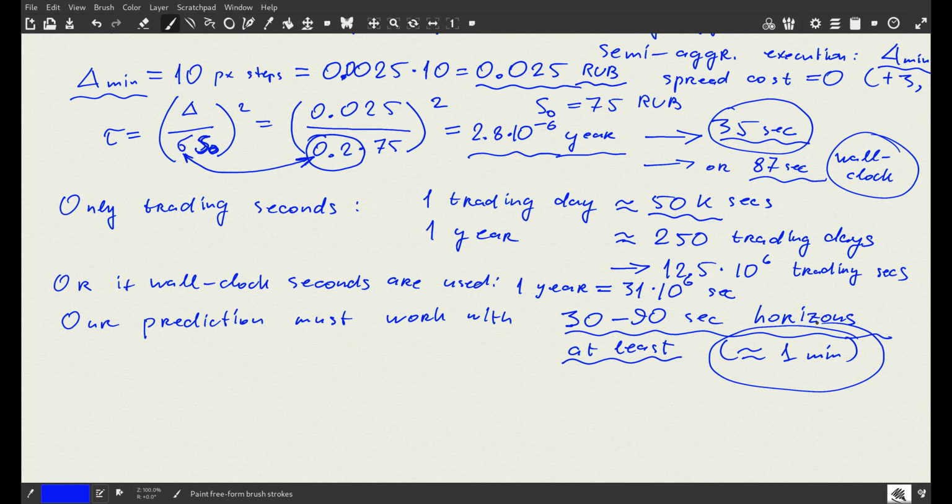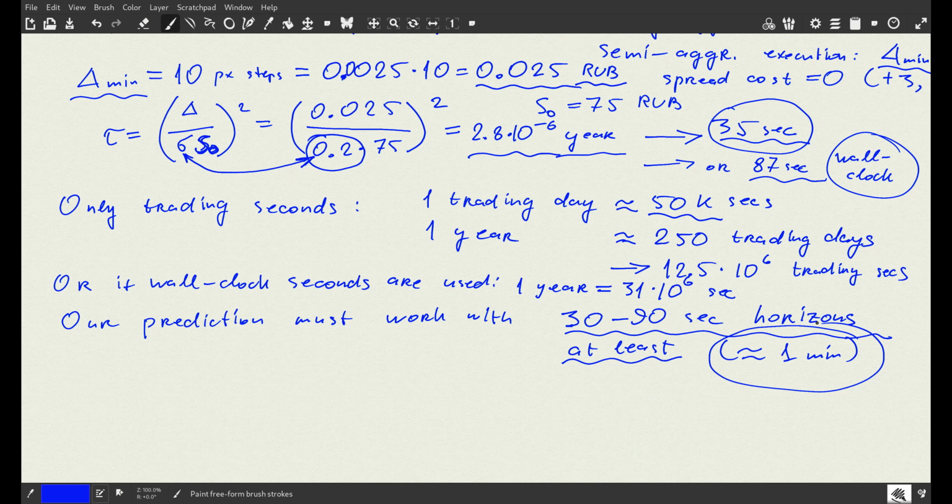No, thank you. Okay. Can you repeat? We will use 1 year as 12.5 million seconds or 31 million seconds when using Sigma. It depends on how Sigma is defined. The Sigma itself is quite approximate. So I'll take our 0.2.